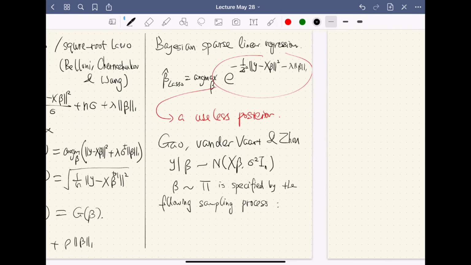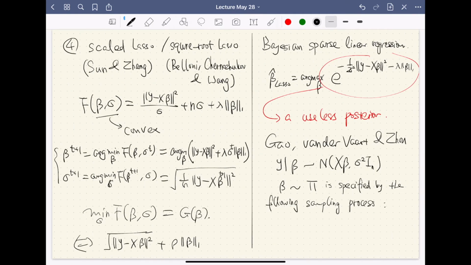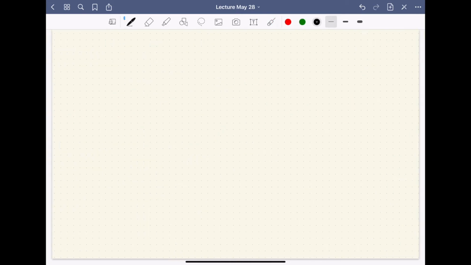The prior is actually hard to describe, therefore let me tell you how I can sample from the prior distribution. If I tell you how to sample from the distribution, then this is equivalent to telling you the distribution itself.